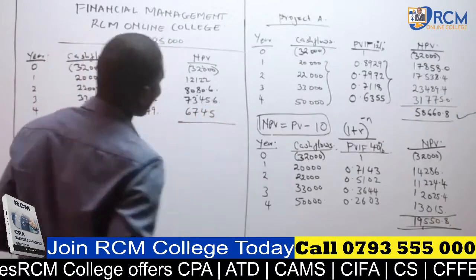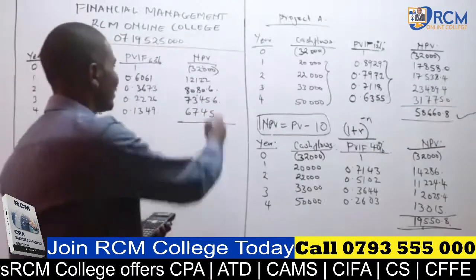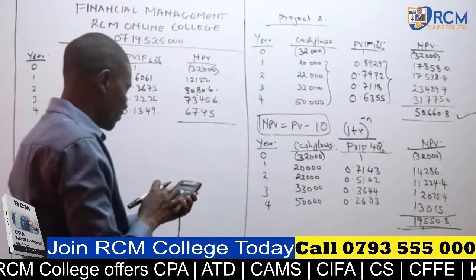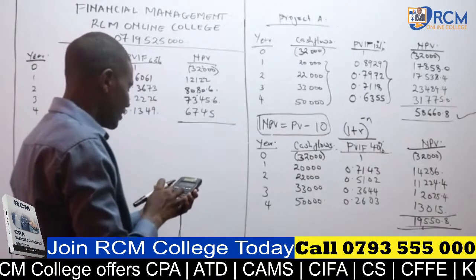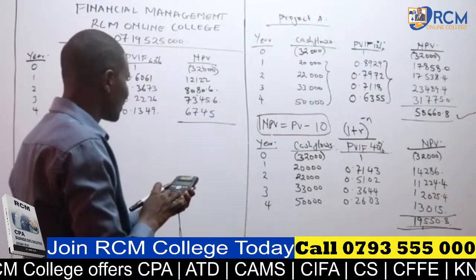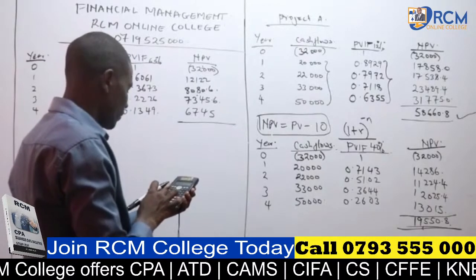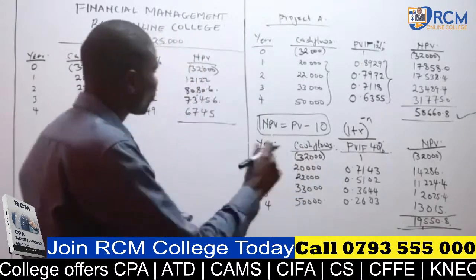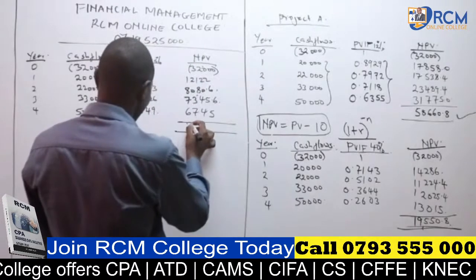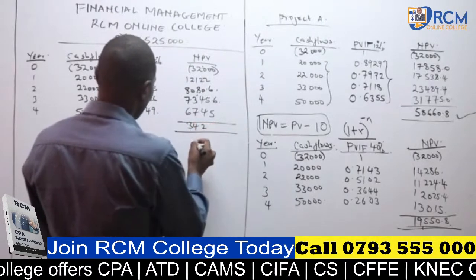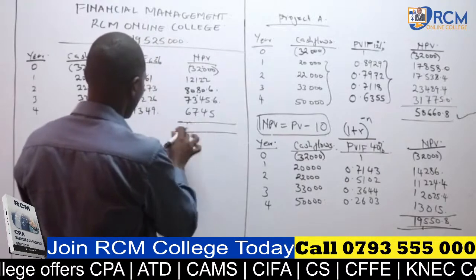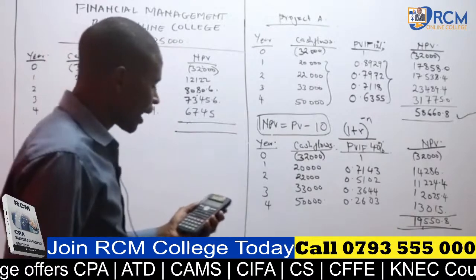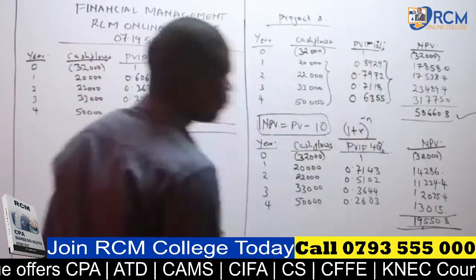Now, where are we now? Let's add this: 7,345.6 plus 8,080.6 plus 12,122 gives 34,293. We missed a little. Now if this is 34, I minus 32,000. Wow, that leaves 2,293.